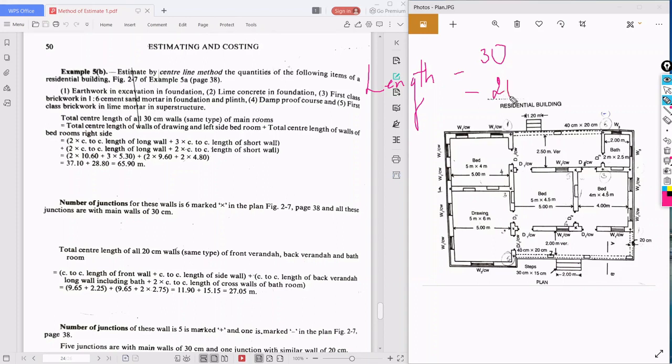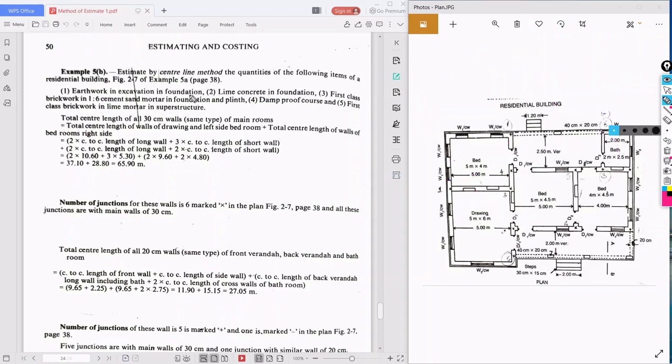After calculating the length, we should calculate the junctions, how many junctions they are forming. Based on those junctions, we need to subtract. I already told you the formula: we need to take half of the width of the particular item of work. I will tell you whenever we do the problem, and you will get to know it.